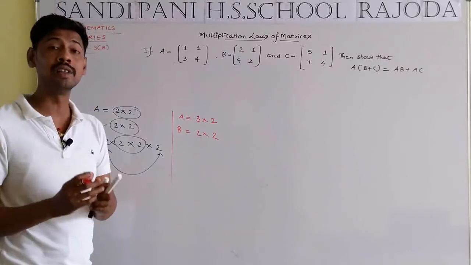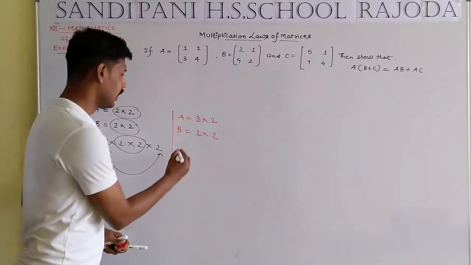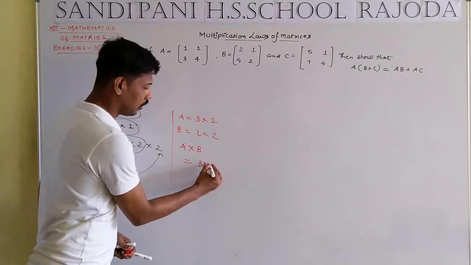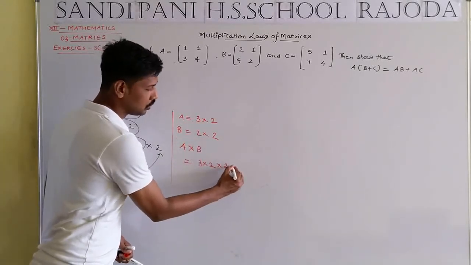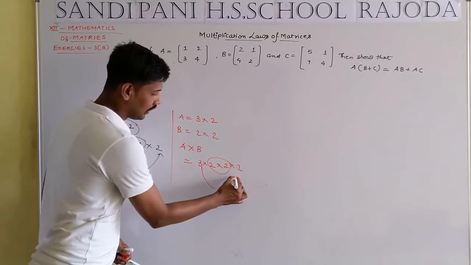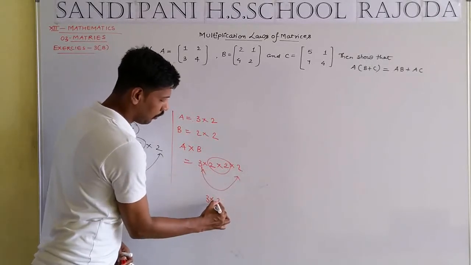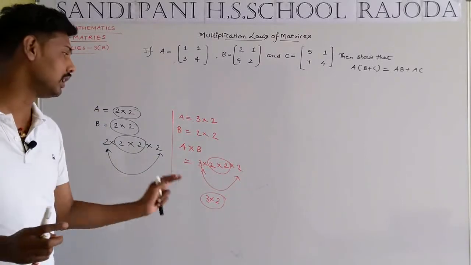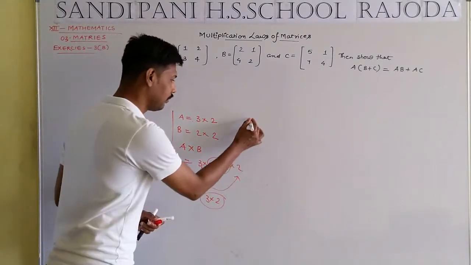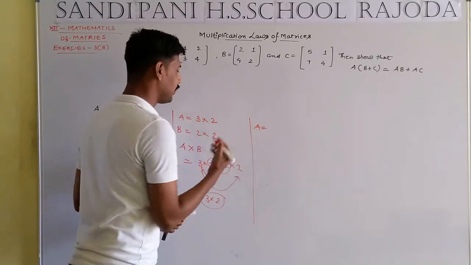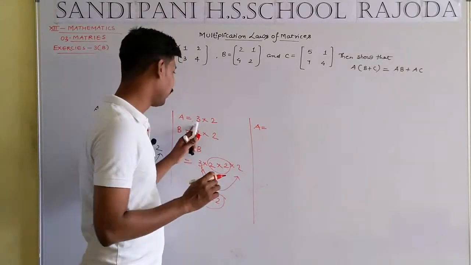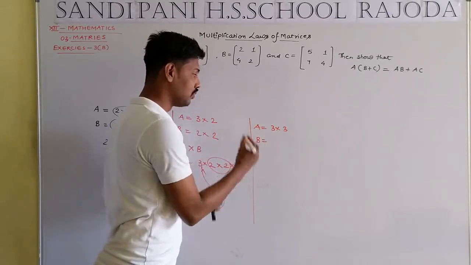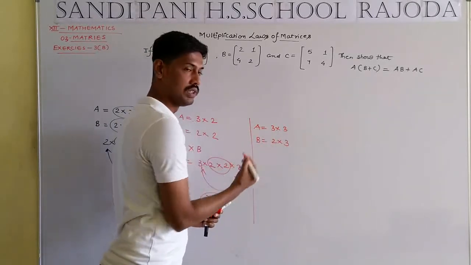So what is the order of the result matrix? A cross B is 3 cross 2 times 2 cross 2, then the first and last give the order of the resultant matrix, that means the result matrix is 3 by 2. Another example: if the order of the first matrix is 3 by 3 and the order of the second matrix is 2 by 3, then 3 cross 3 times 2 cross 3.